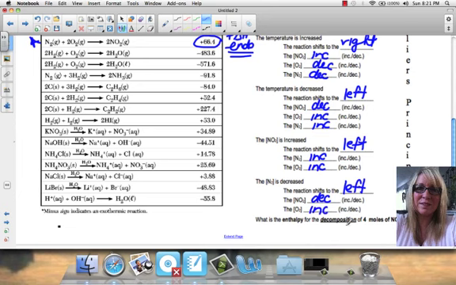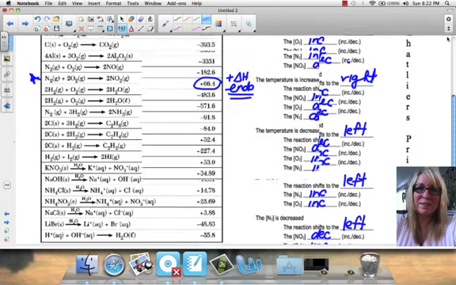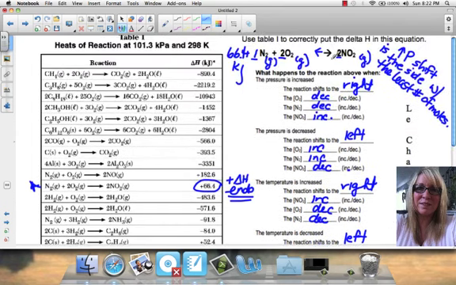What is the enthalpy? Enthalpy is another word for energy. So what is the energy for the decomposition of 4 moles of NO2? Well, when we look at this reaction, it is for 2 moles.